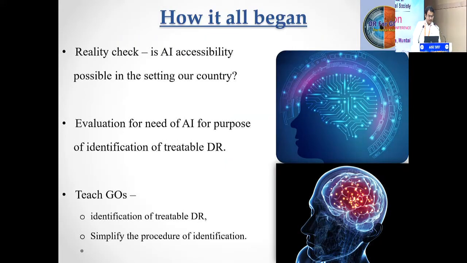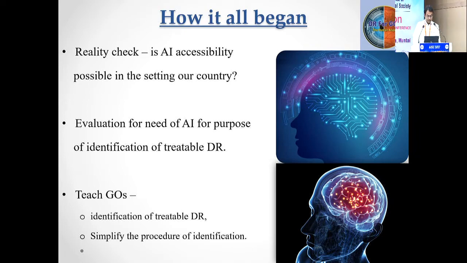So how did it all begin? First there was a reality check: is artificial intelligence accessibility possible in the setting of our nation, when there are so many rural areas and remote places? It is very difficult for AI to reach those areas.